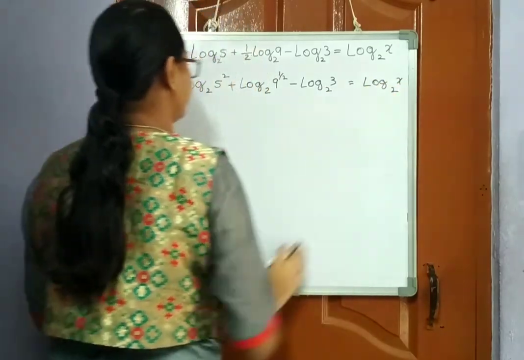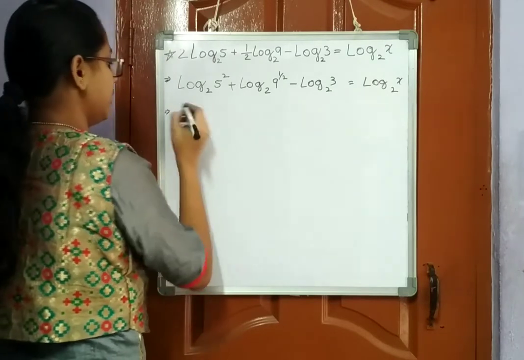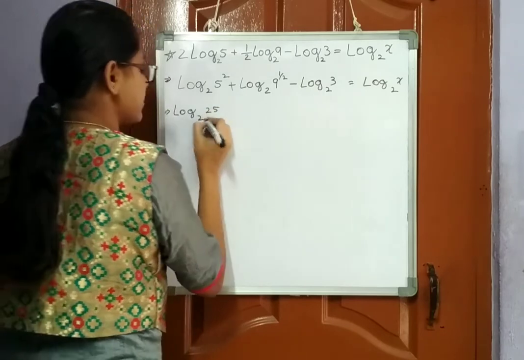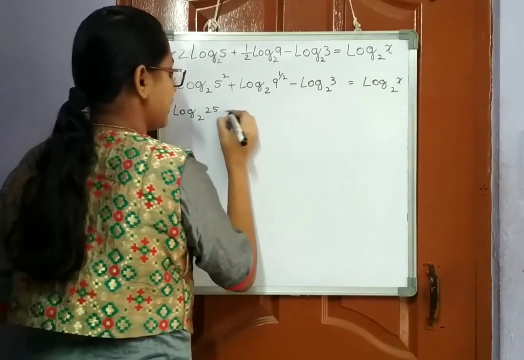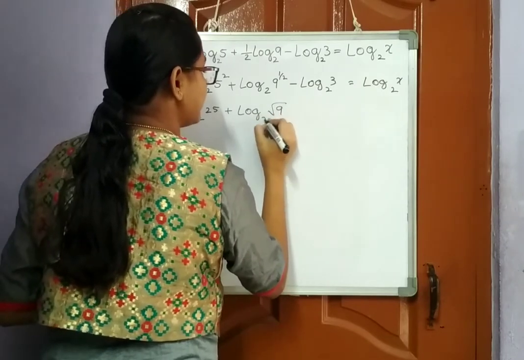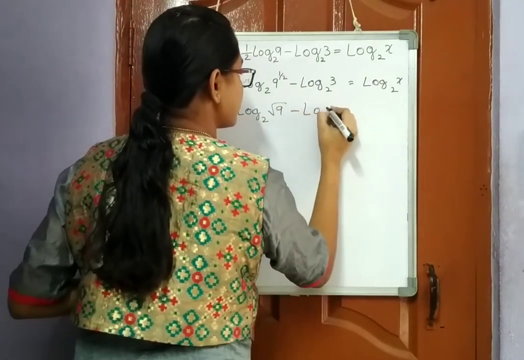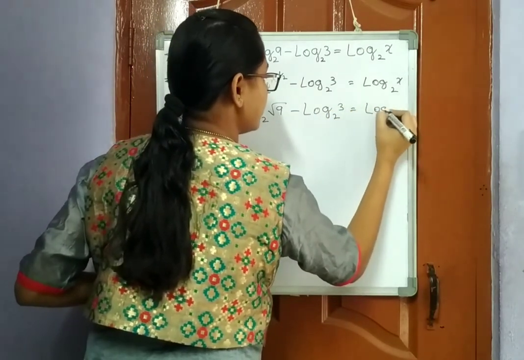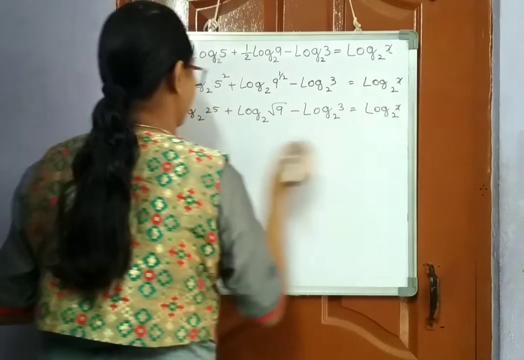Then here we will get log 25 to the base 2, that is 5 square equals 25, plus log of root 9 to the base 2 minus log 3 to the base 2 equals log x to the base 2.